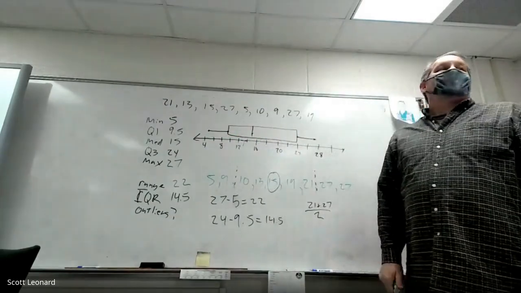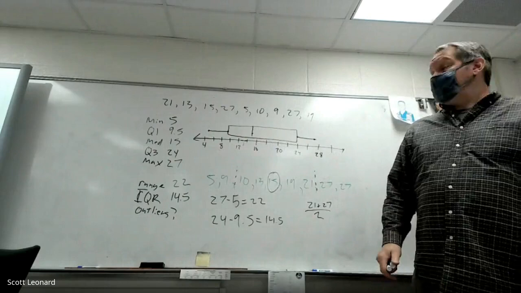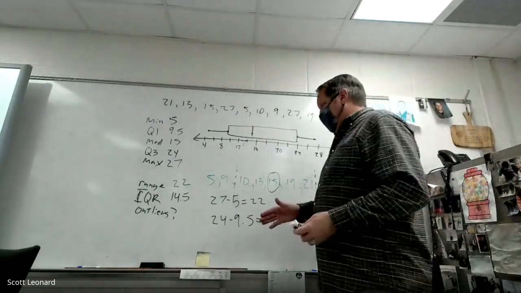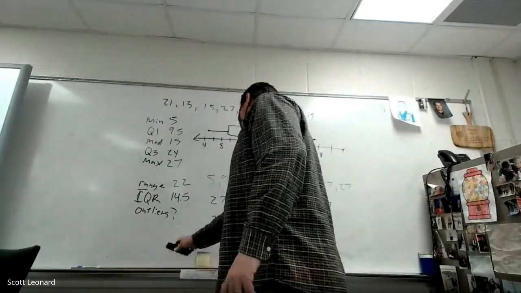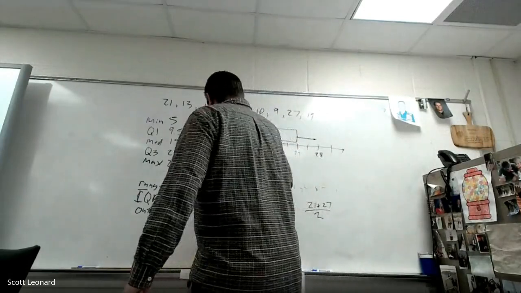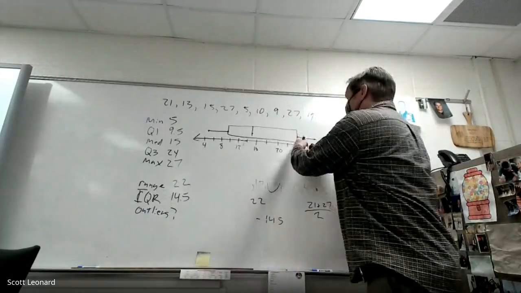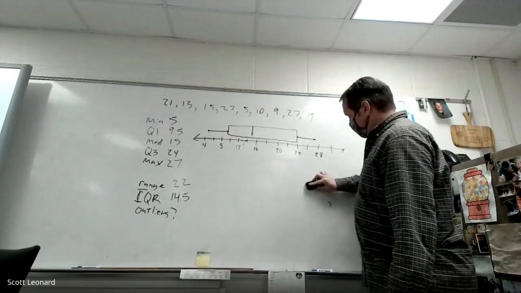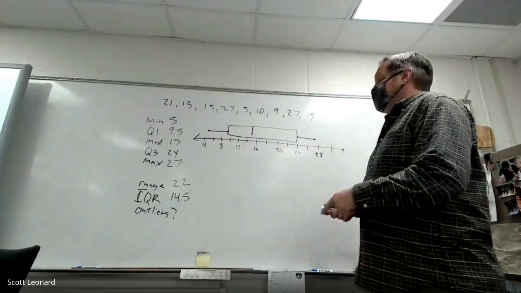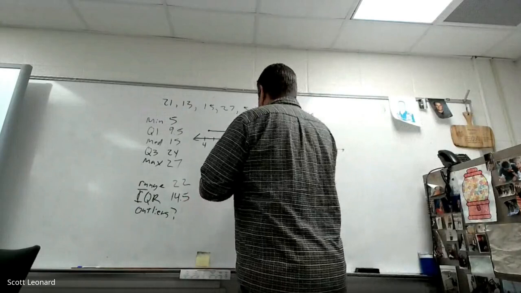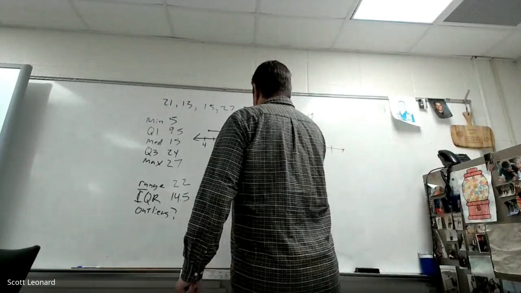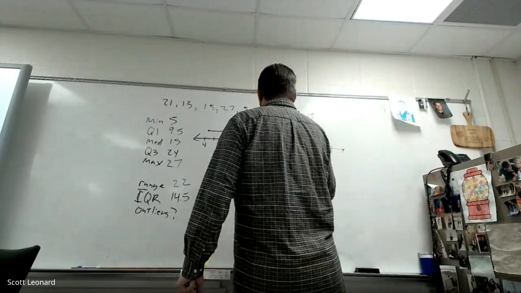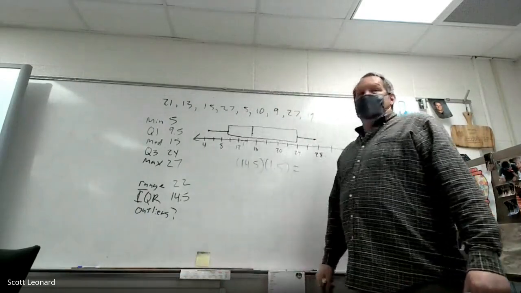So it's probably not even going to be close. Okay? So I'm going to do it anyway, just as a quick reminder of how to do it. But I can tell you right now, with these little tiny whiskers around the ends, we're not going to have outliers. Okay? So we're going to take 14.5, multiply it by 1.5. What'd you guys get?